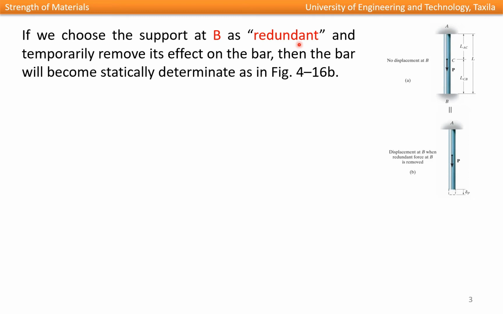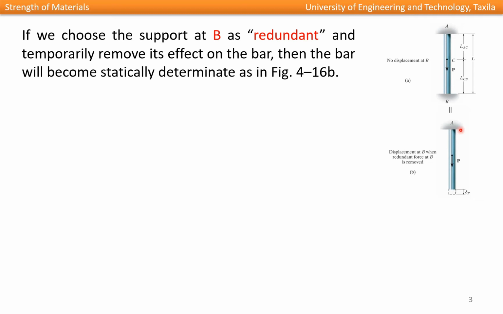In structures, a redundant is that extra reaction which makes the structure statically indeterminate. If we remove that additional reaction from support B, this problem becomes statically determinate, because now we have only one reaction at support A, and this reaction can easily be determined using the equation of equilibrium.